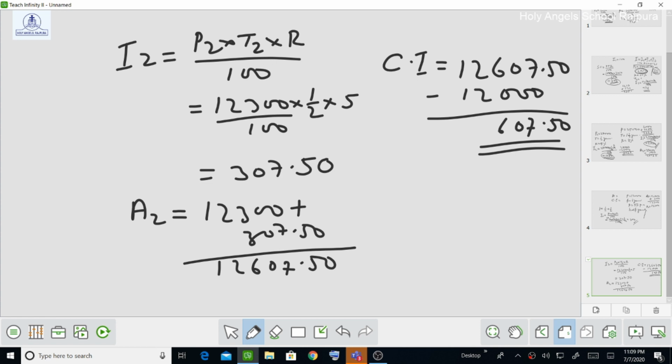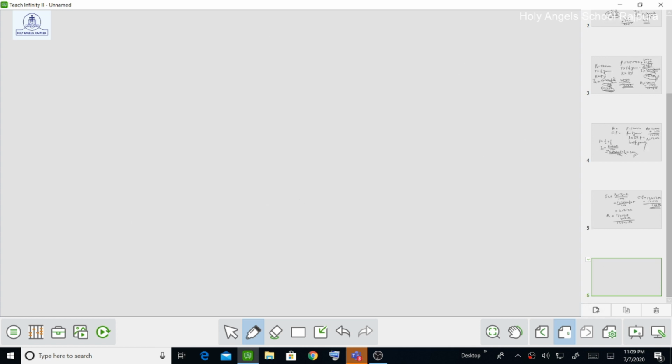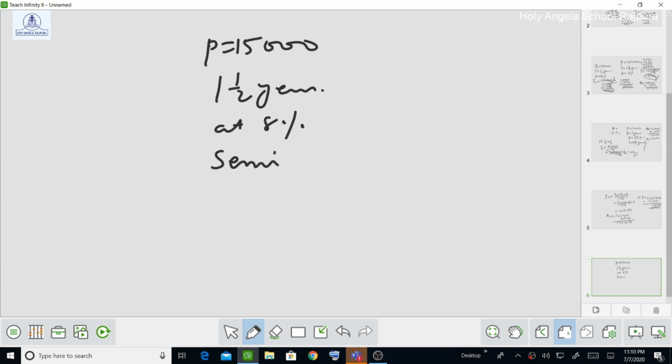Calculate the interest earned and amount due if a sum of 15,000 rupees is invested, principal is 15,000, for 1.5 years at 8%, interest being compounded semi-annually, that is half yearly.